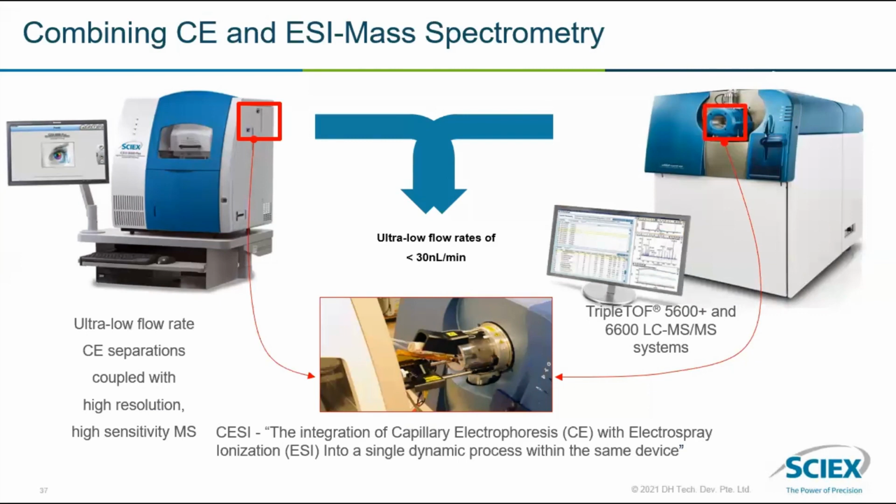So CE is an ultra low flow rate separation technology, which is coupled with the high resolution or high sensitivity mass spectrometry. When you connect CE with ESI and any of the mass spectrometers, because of ultra low flow rates, which is less than 30 nanoliter per minute, you will achieve a greater resolution and the sensitivity will also improve.